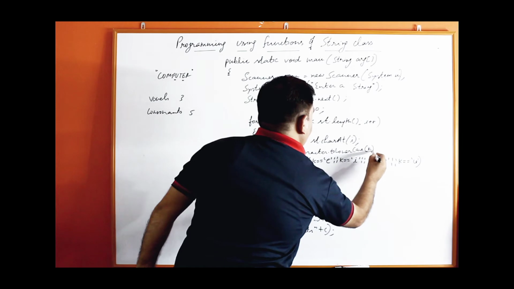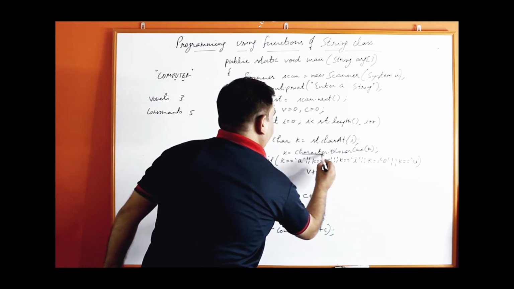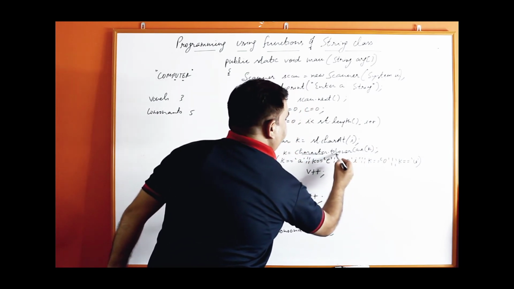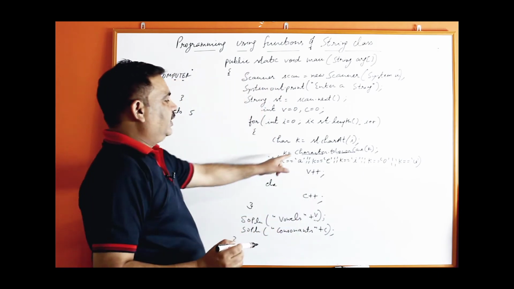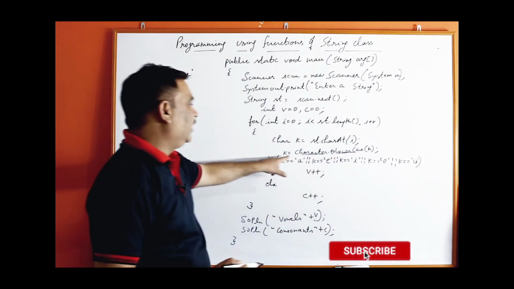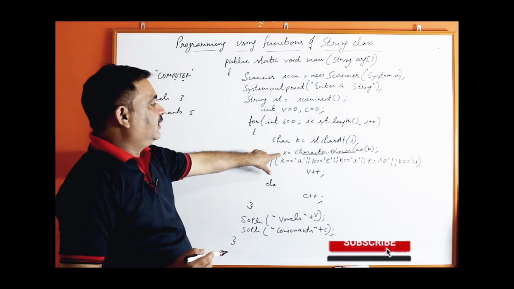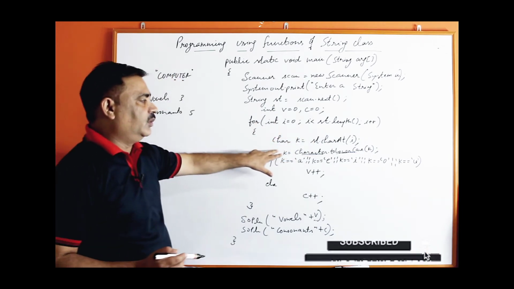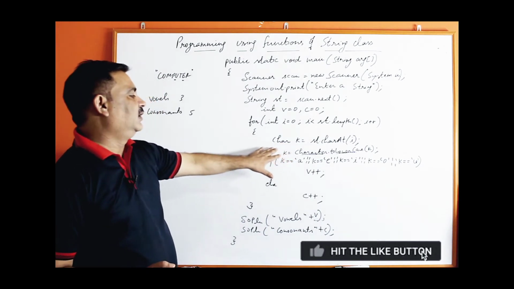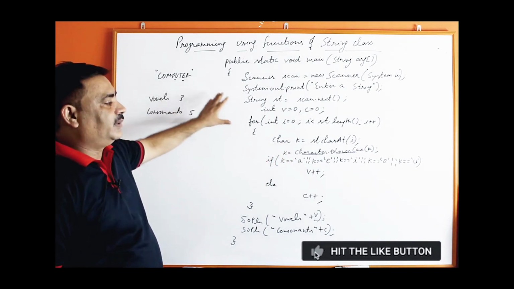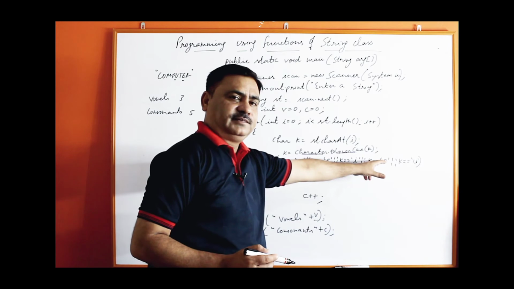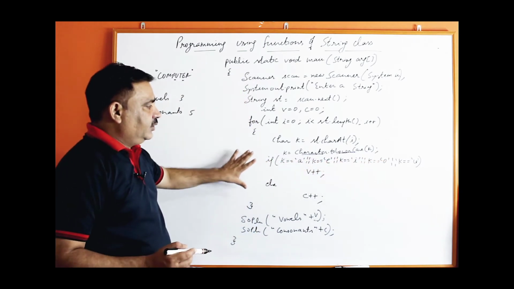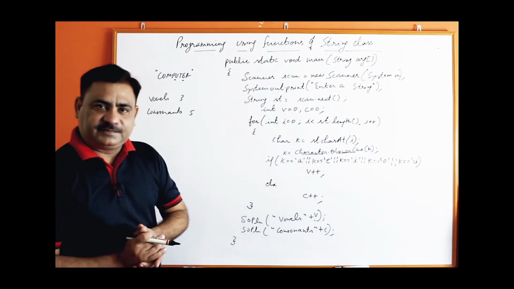So what I have used, character class function character dot toLowerCase to convert this character into small letter, storing in the same variable. Now if it contains capital alphabet, it will be converted into small. If it is small, it will remain small. Now all the characters will be compared with this. So in such a way you can get the exact result.